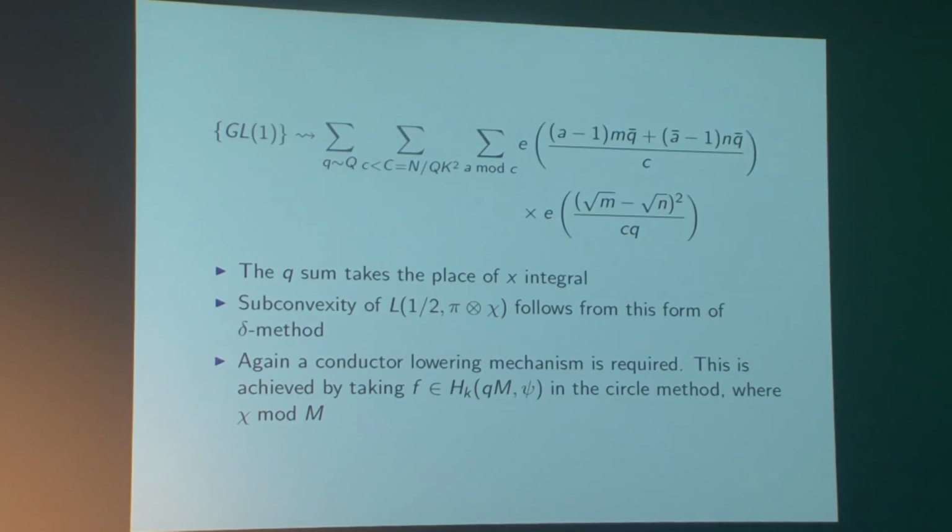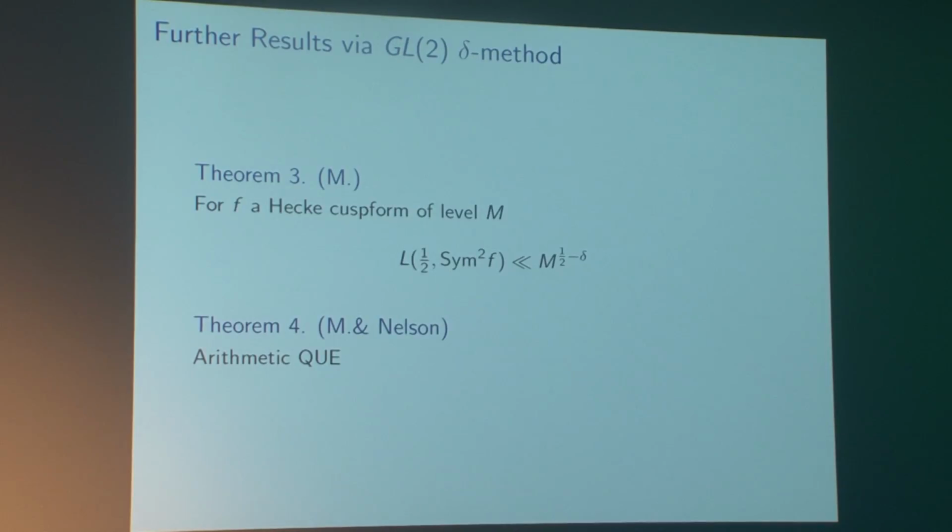Okay. Again, a conductor lowering mechanism is required over here. That you do by choosing the forms in the Petersson formula to be of level q times M, where M is the modulus of the character chi. Okay. All right, I'll not go into further details here.